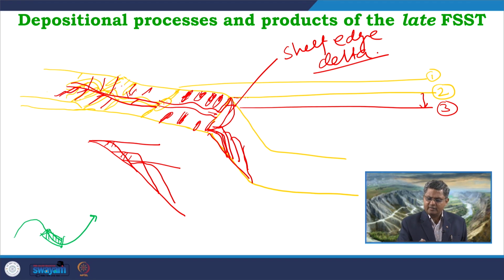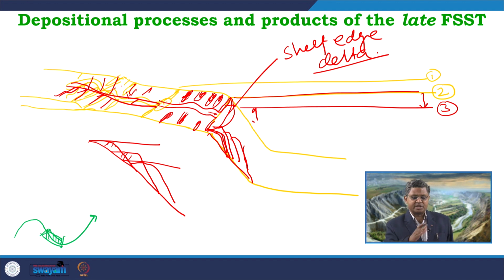Now, when the water level is reaching level 2 or level 3, suddenly the water depth is significantly high with respect to this sudden increase in the slope. And if I think of the wave equilibrium profile in terms of the wave energy, that will definitely be much shallower like this.